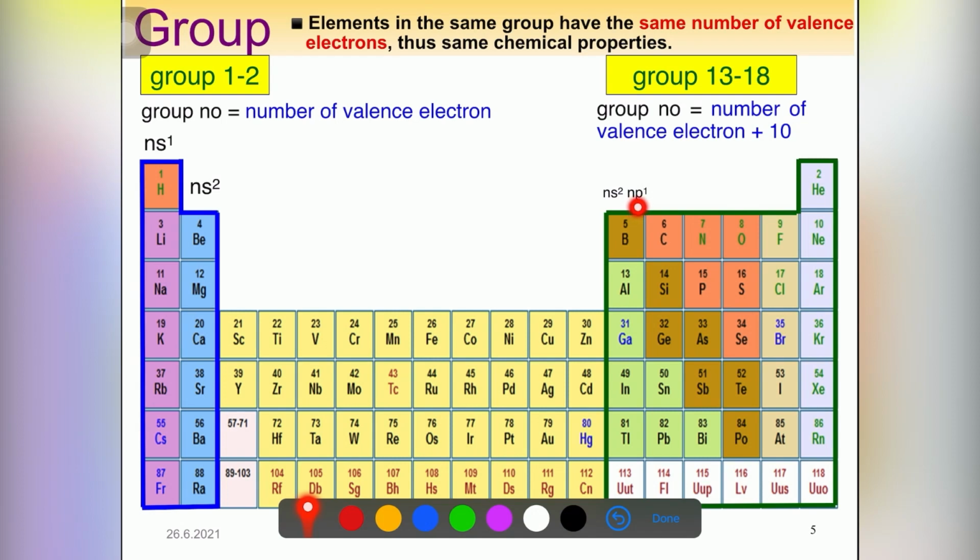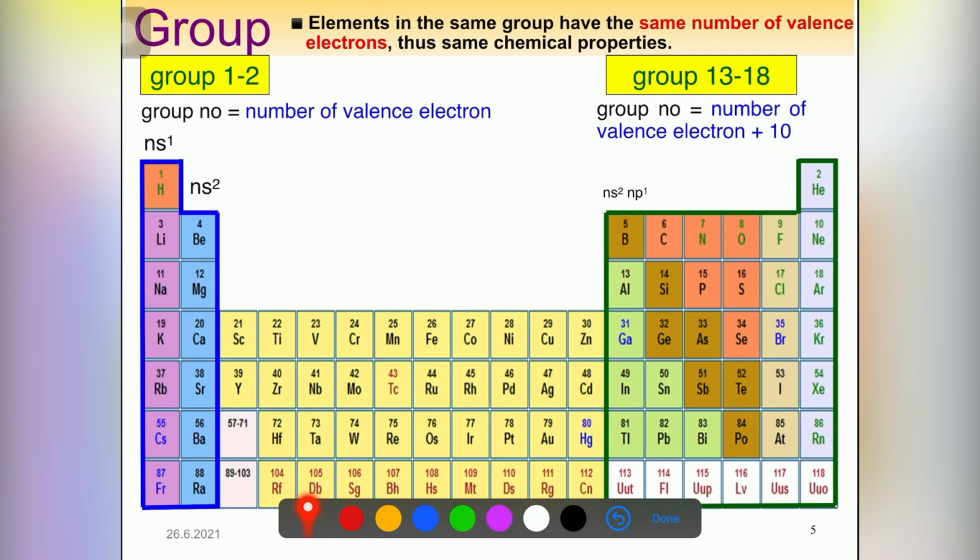Remember, the valence electrons for groups 13 to 18 will occupy orbitals s and p. So here you can see that the total valence electron is 3. To determine the group number, 3 plus 10, so it is in group 13.